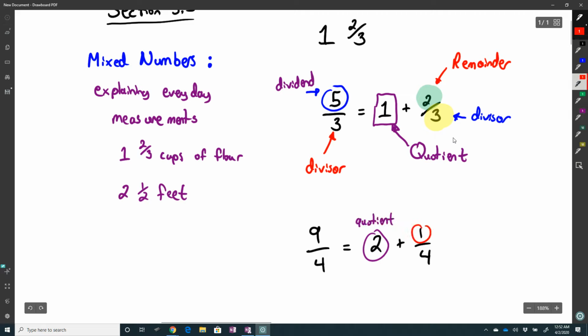Okay, and the remainder is the part that's on top of the fraction. And then the divisor happens twice in the equation. So for the divisor, and usually you won't hear me mention the dividend, but anyway.